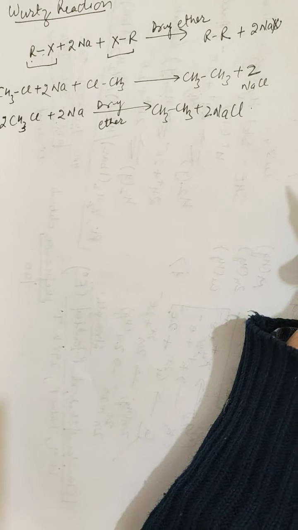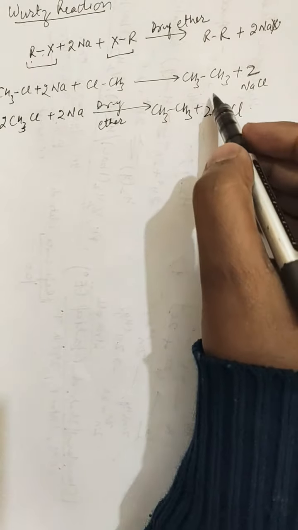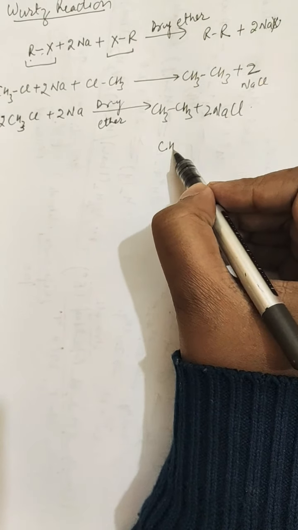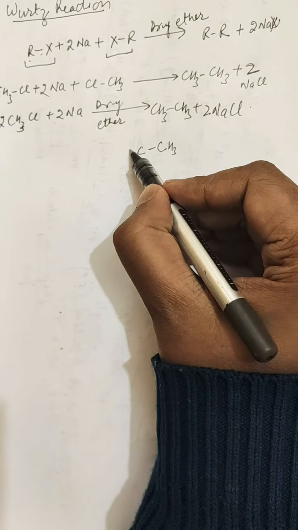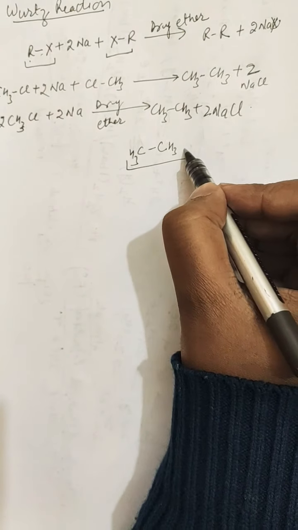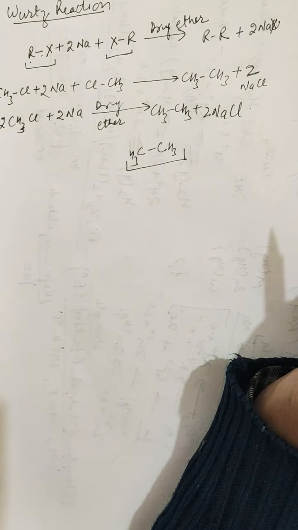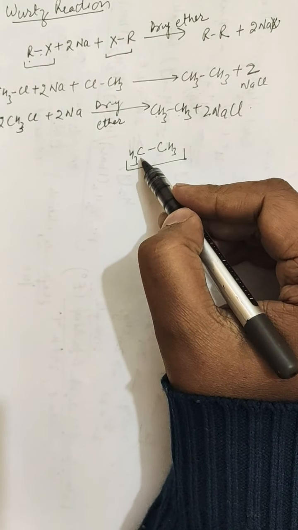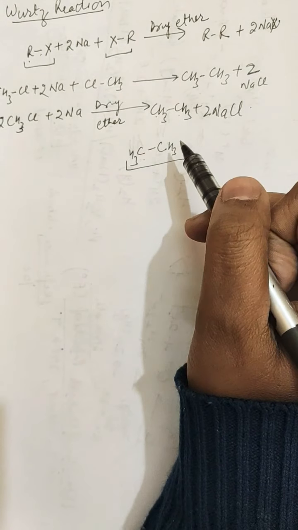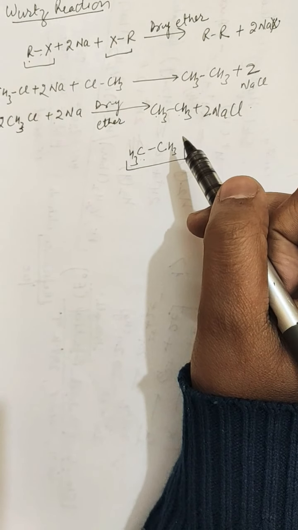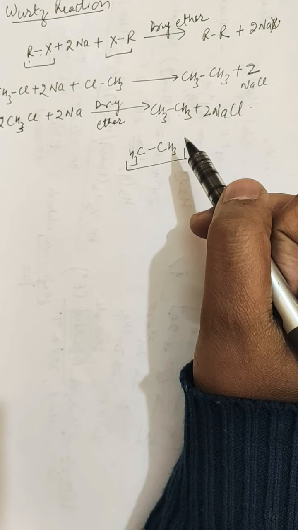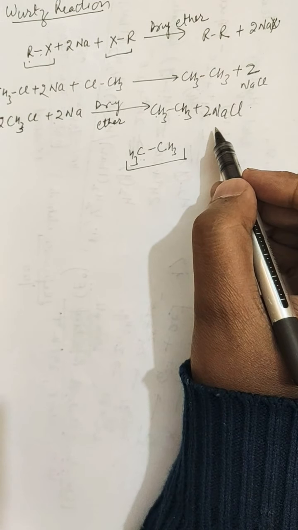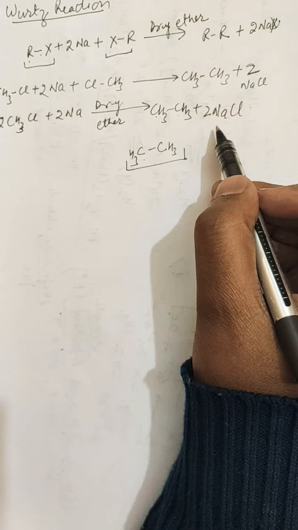So this method helps in creating a new carbon-carbon bond. This carbon-carbon bond is formed between CH3 and this CH3. You can write it here for better representation, you can write this molecule of ethane like this. So it can be used in preparing compounds having a larger number of carbon atoms from compounds containing a smaller number of carbon atoms.